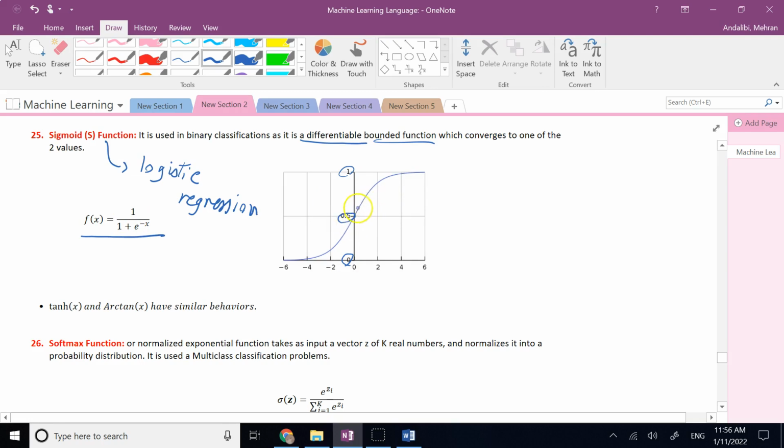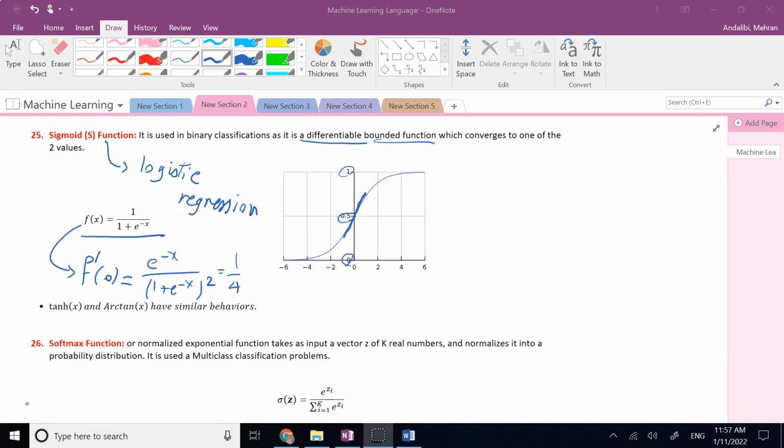The slope here at 0, you have to take a derivative of this. If you get the derivative at 0, which is this slope here, how much is it going to be? It's a rational function, so it's going to be e to the negative x over 1 plus e to the negative x, squared. And you plug in 0, the denominator is going to be 4, so it's going to be 1/4, if I'm not mistaken.